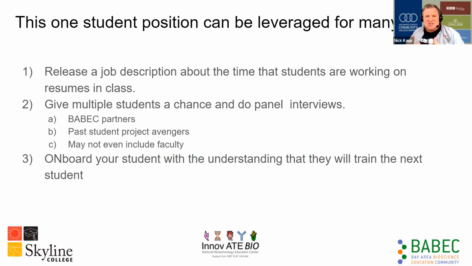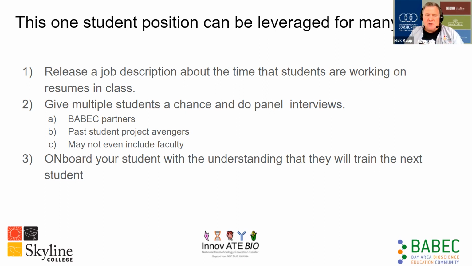Again, what we're doing with the student position is you're leveraging this a little bit. When we have our student position, we actually put out the job announcement while the students are writing up their resumes and learning how to apply for jobs. And so this is a real job that students can apply for. But I talk to some of you and you say, oh, I just get the best student in class and I ask them to come and work for me.